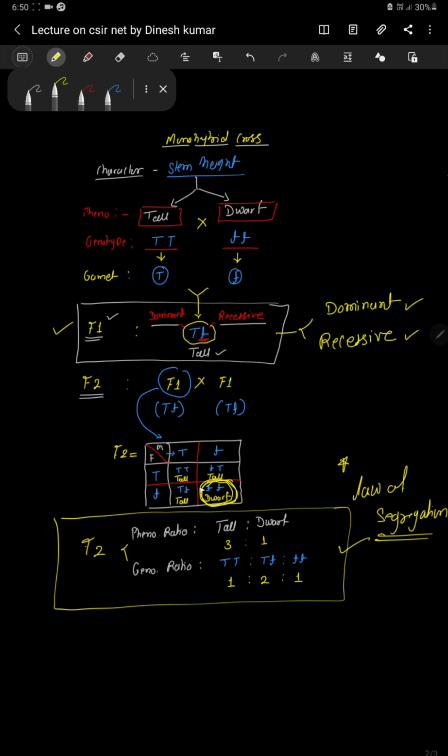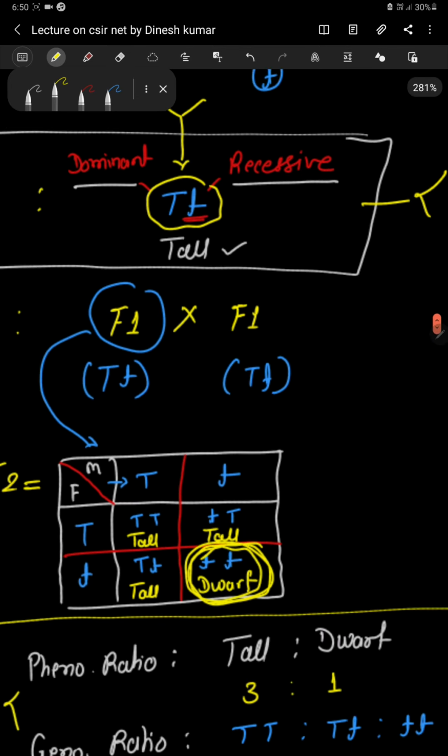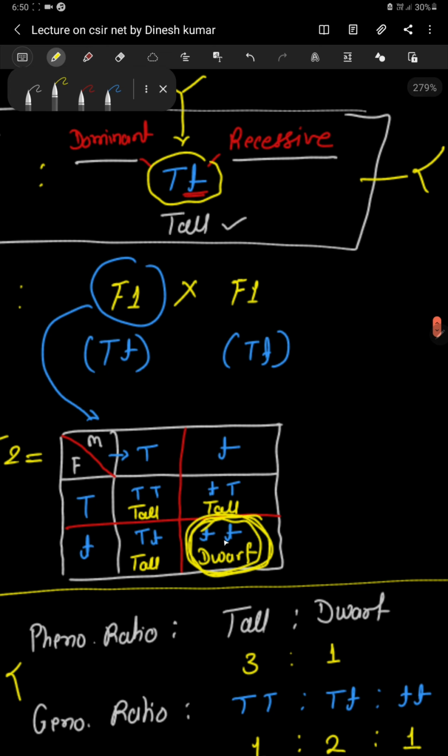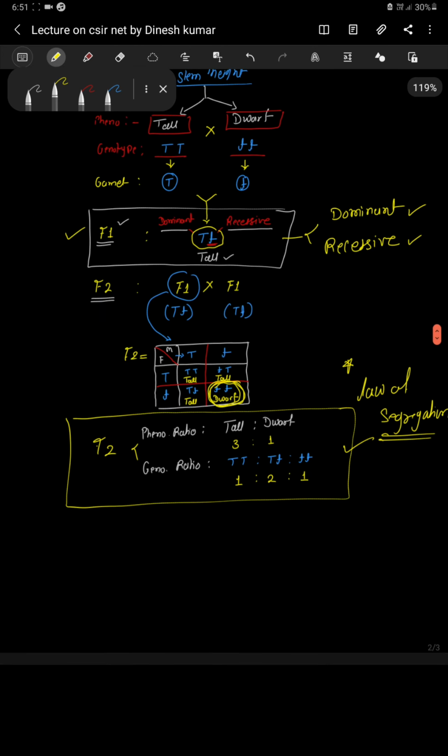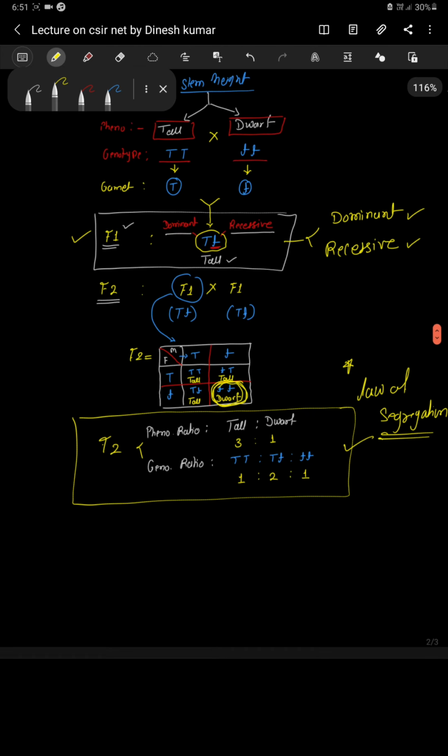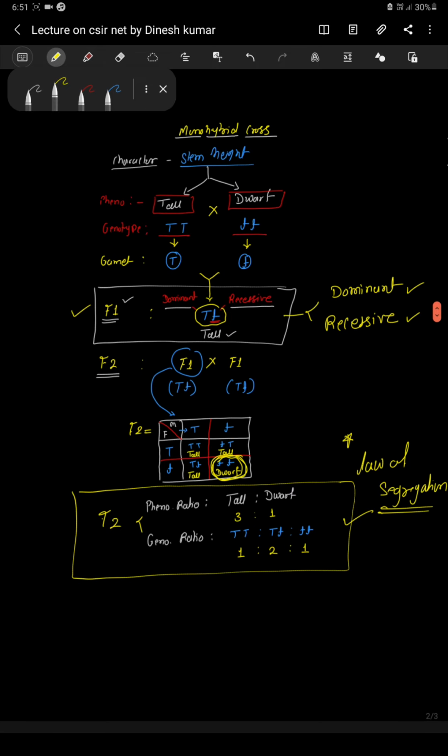Here we can see the absence of the dominant character and the appearance of the recessive character. Wherever the dominant character is not there, the recessive character will be expressed. This is what is said by the law of segregation: two genes remain together without mixing each other. This is all about the monohybrid cross of Mendel's methodology.